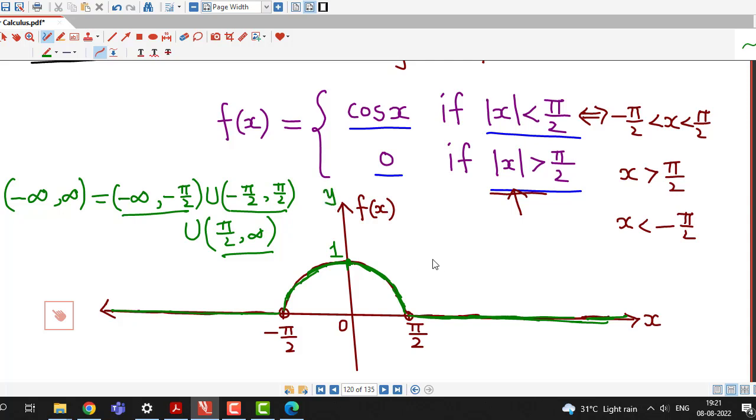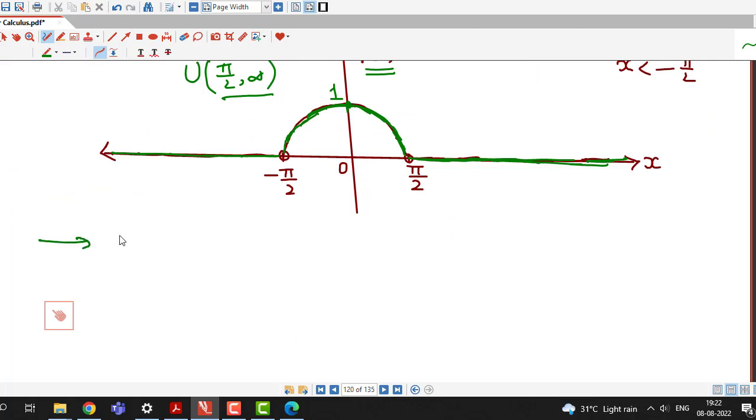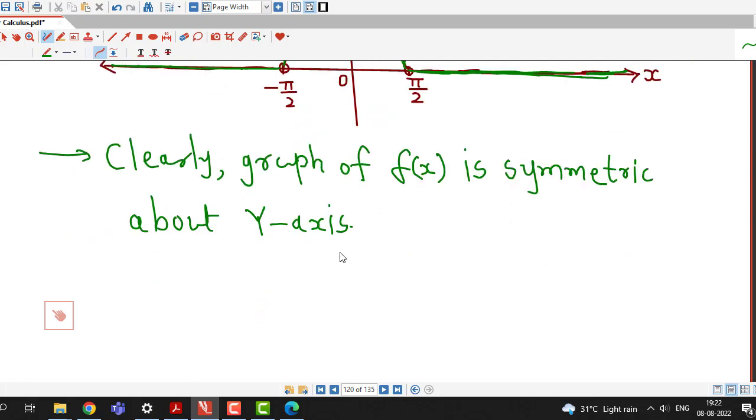This is y-axis. Therefore we can say that graph of f(x) is symmetric about y-axis, and therefore f(x) is even function. We can write that clearly: graph of given function f(x) is symmetric about y-axis, and we know that if a graph is symmetric about y-axis, then our function f(x) is even.